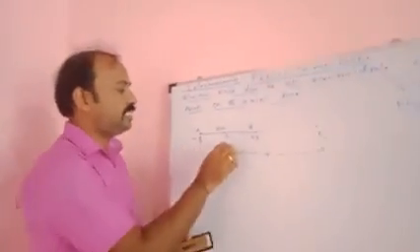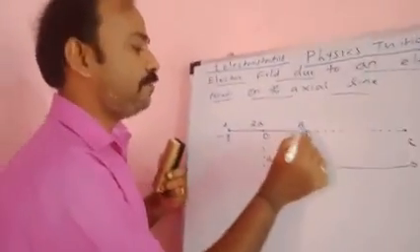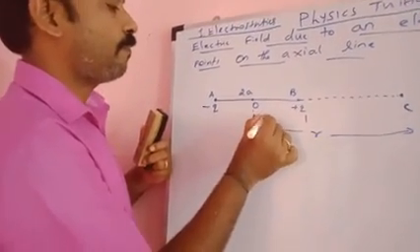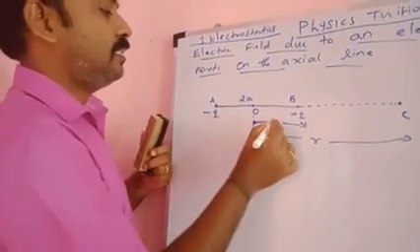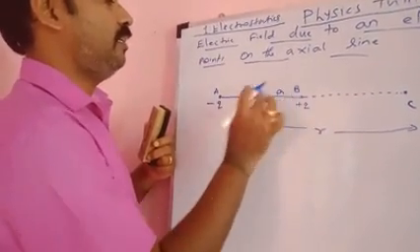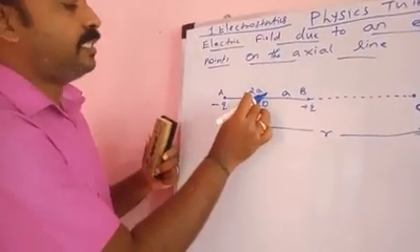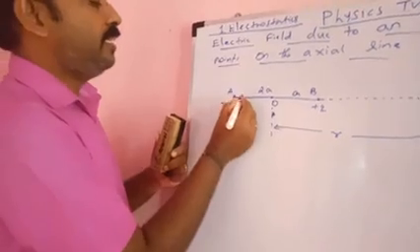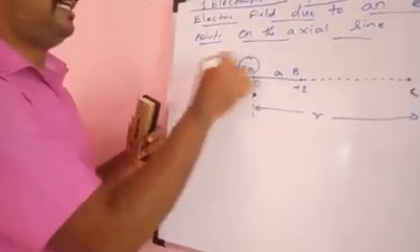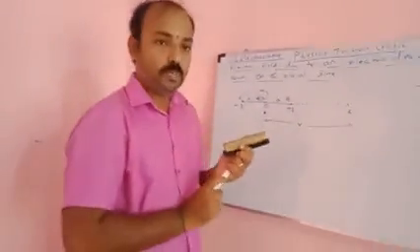Then the distance between the center and point B is a, and the distance between the center and point A is also a. 2a is the distance between the two charges plus q and minus q.